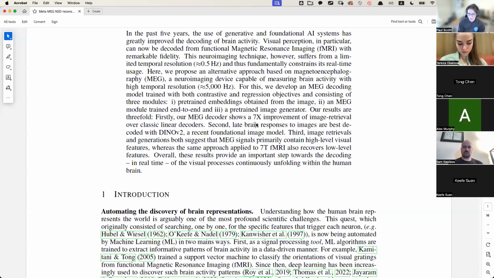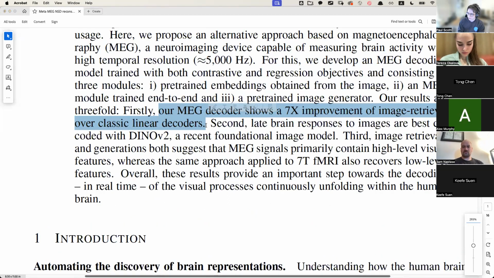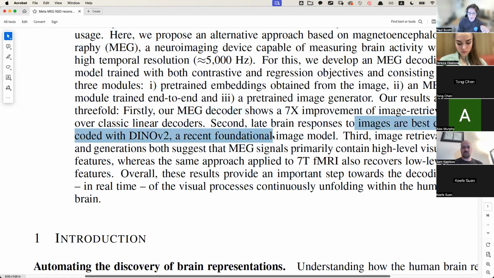And their main results are that when they compare to their own linear decoders that they train, they find that their more complicated MEG decoder approach does better on retrieval. They show that Dino V2, which is Meta's model, so I think that's why they're highlighting it, does the best. They kind of worded it weirdly here.